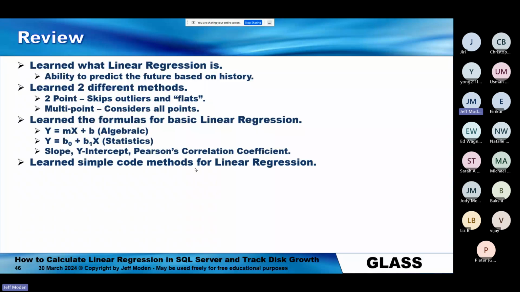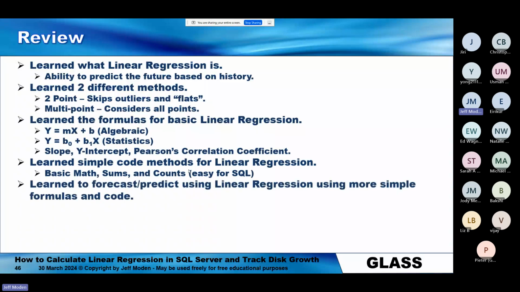We learned the simple code methods for linear regression. We saw that all of the formulas were just basic math sums and counts, and that's really easy to do and really, really fast for SQL Server to do. And you saw how simple the code was. It had three basic sections. The first section converted X and Y to floats.